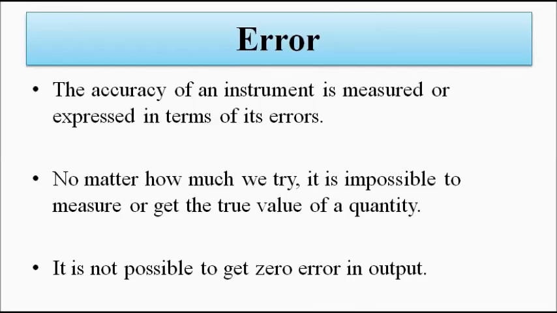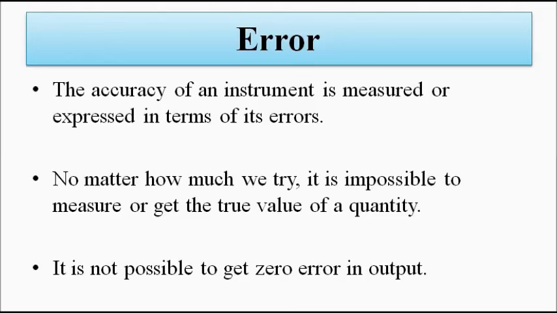And I always told you that it is not possible to design an instrument which gives us output with zero error. There will always be some amount of error in the reading, the output. Now it is the task of engineers to design a measurement system which can give an output with minimum error possible, to minimize the error.